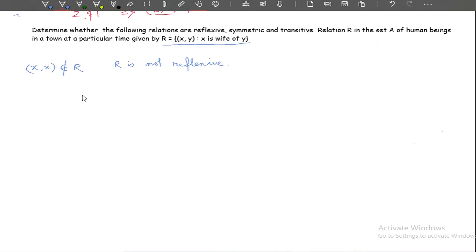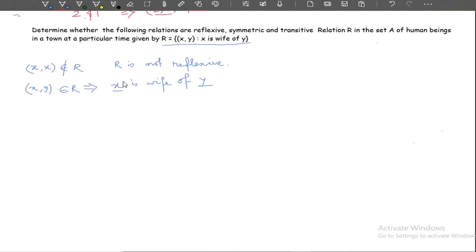Coming to the symmetric part, let (x, y) belong to R. What does this mean? x is wife of y. Now, can y be wife of x?